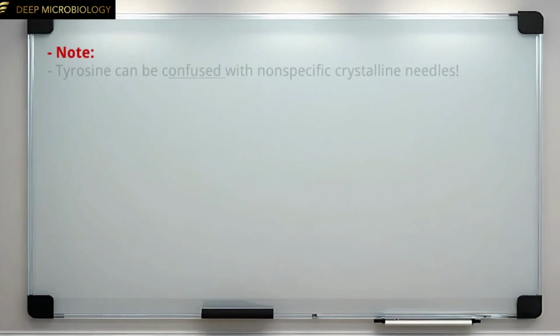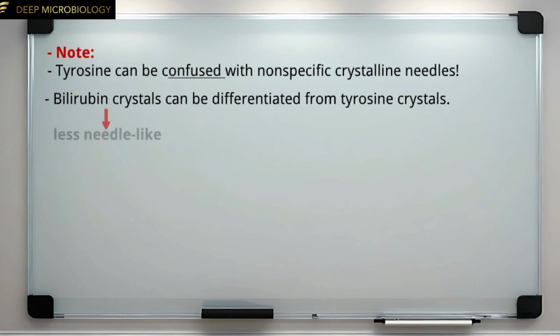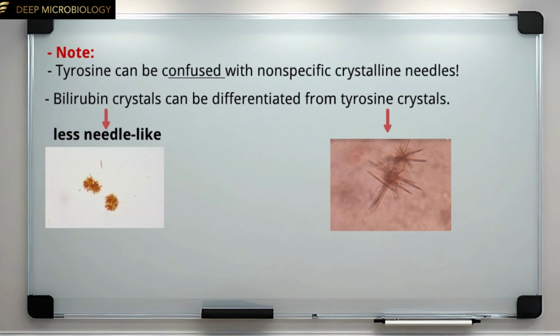Note: tyrosine can be confused with nonspecific crystalline needles. Also, morphologically, bilirubin crystals can be differentiated from tyrosine crystals by their appearance, as bilirubin crystals are less needle-like compared to the needle-like structure of tyrosine crystals. Tyrosine crystals are associated with severe liver damage.